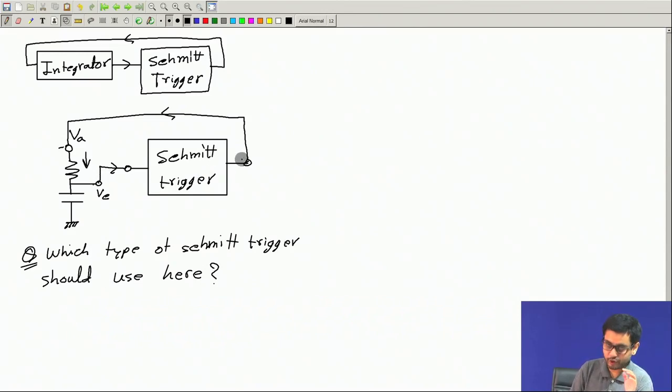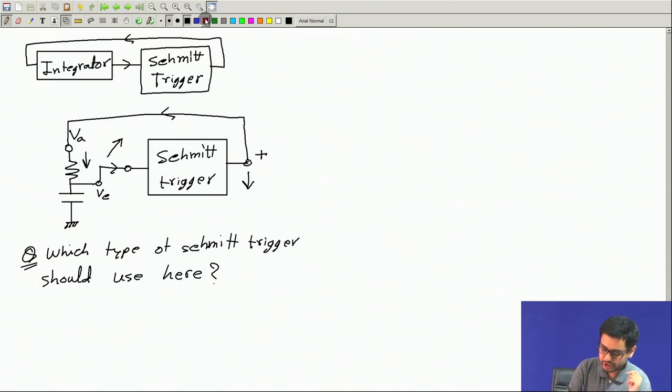Just observe what we want. We want, if this voltage is positive, then this voltage will go up with time, and then this increased voltage should cause the output of this Schmitt trigger to go down. Okay?